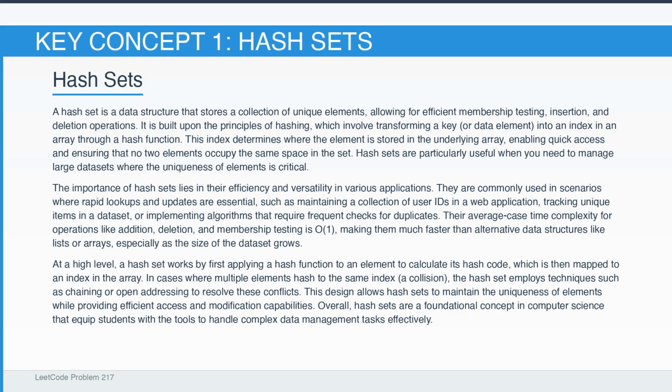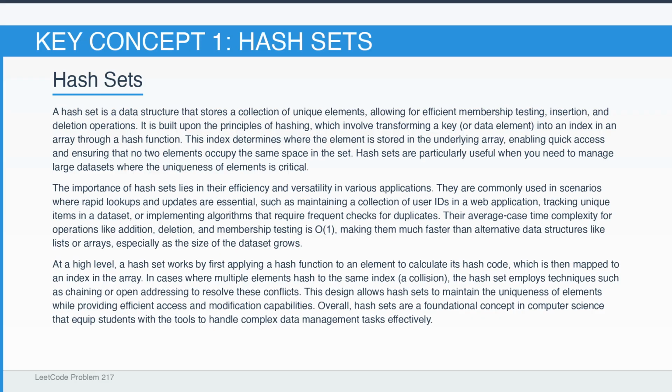Because of how it manages storage, operations like adding, removing, or checking for an element can often be done in constant time, or O(1). This efficiency makes hash sets ideal for situations where you need to rapidly check for unique items, like tracking user IDs on a website. However, sometimes multiple elements might hash to the same index, a situation known as a collision.